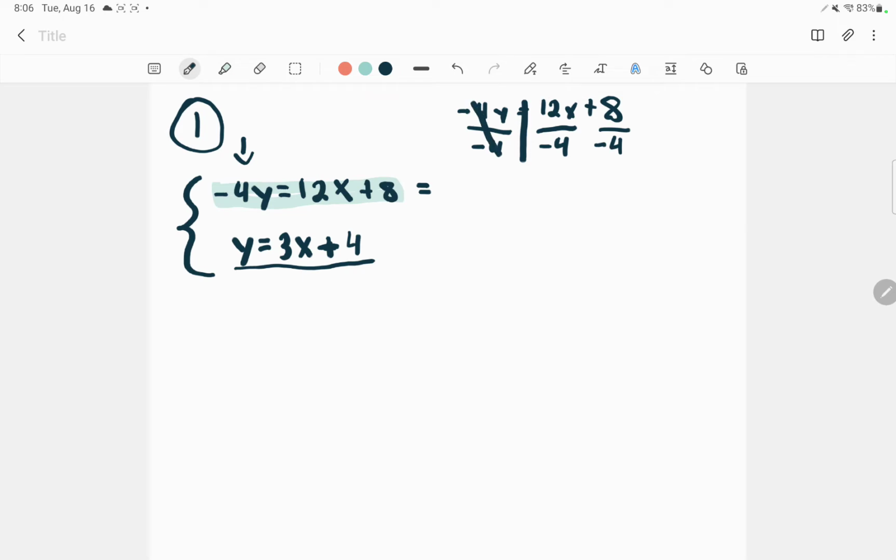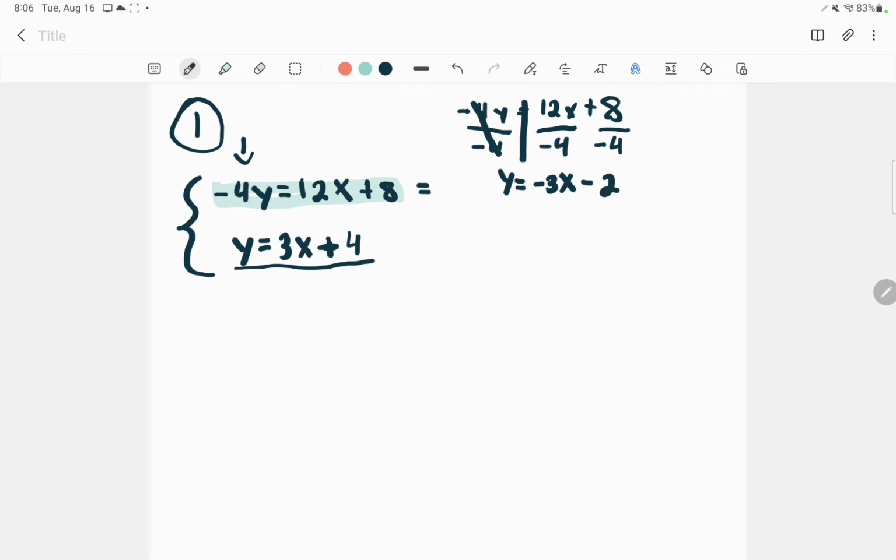Now, over here, right next to the y, everything cancels, and I'm just going to bring down the y. So now I have y equals negative 3x, because 12 divided by 4 is 3. And because we have a negative 4 and a positive, it becomes a negative. Same thing over here. We're going to have a negative 2 for the same reason.